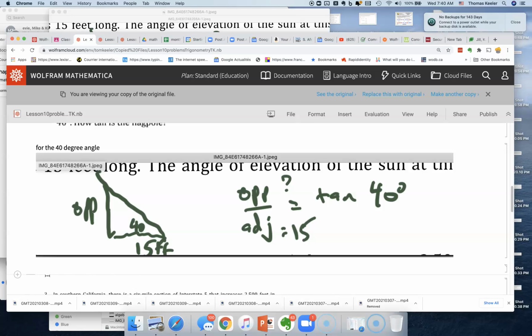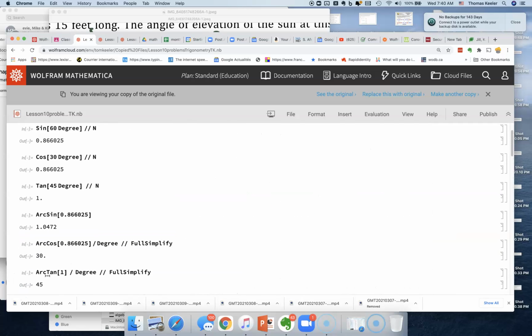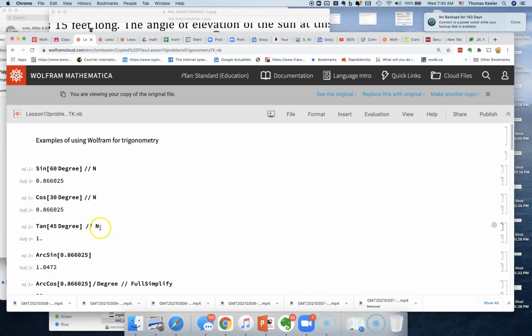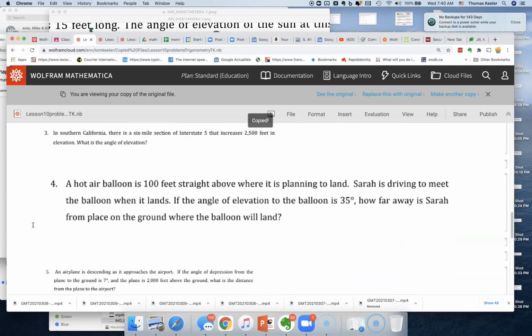Okay, so when we look at that, what do we have? It seems like we want to know how tall the flagpole is. So it's the tangent, right, the opposite over the adjacent, equals the tangent, with 15 feet. And so we go on up and we say, do we have tangent? You notice how you just copy something that's worked.